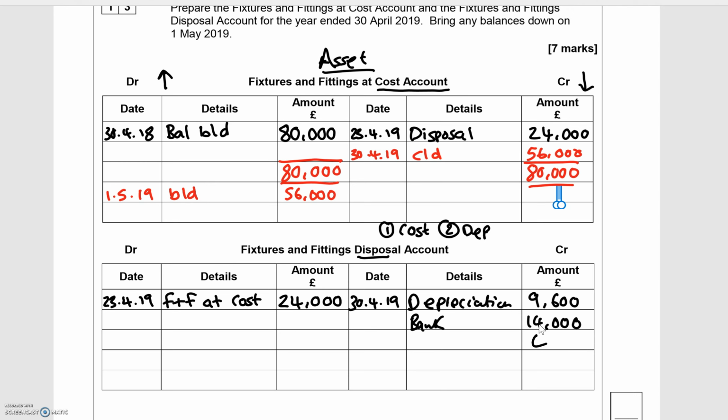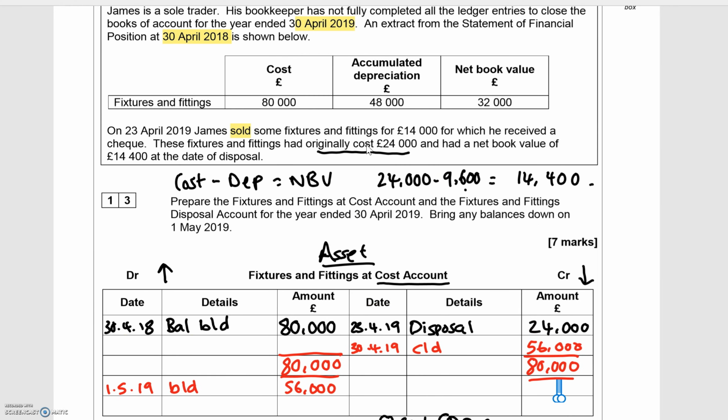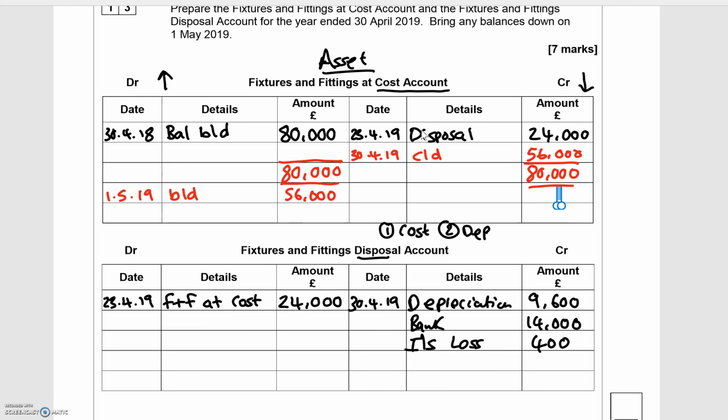So this side is £400 short, and this is the bit that goes in the income statement as a loss. That makes sense because the net book value was 14,400, and you only got £14,000 for it, so you must have made a loss of £400. But this is how it's shown within this particular account. Because you're not required to do a carry down and brought down, you simply total both sides up just to close this account down. That concludes this question.